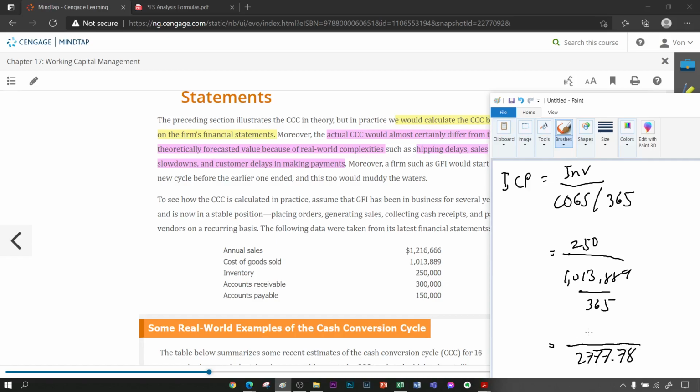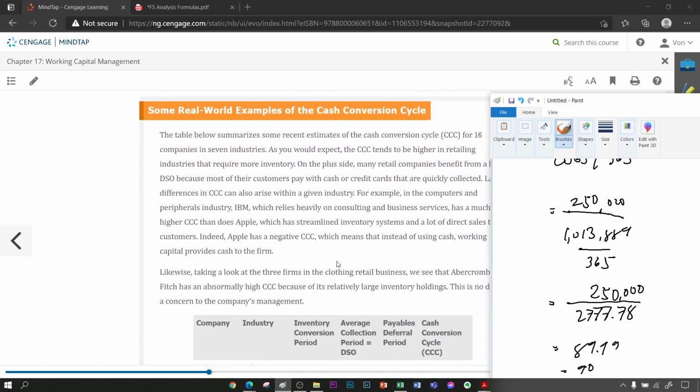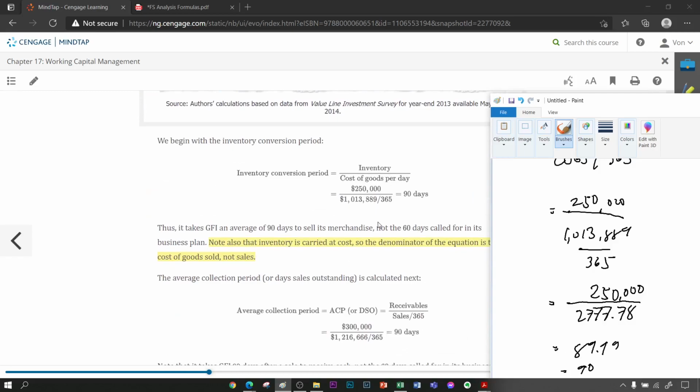Okay? Then, 250,000 yung numerator mo. So, i-divide mo lang 250,000 dun sa sagot mo. Makakuha mo dyan 89.99. Round off mo na 90. Okay, tama ba yung nakuha natin? Tama, 90 days. Okay. So, ayan yung inventory conversion period.